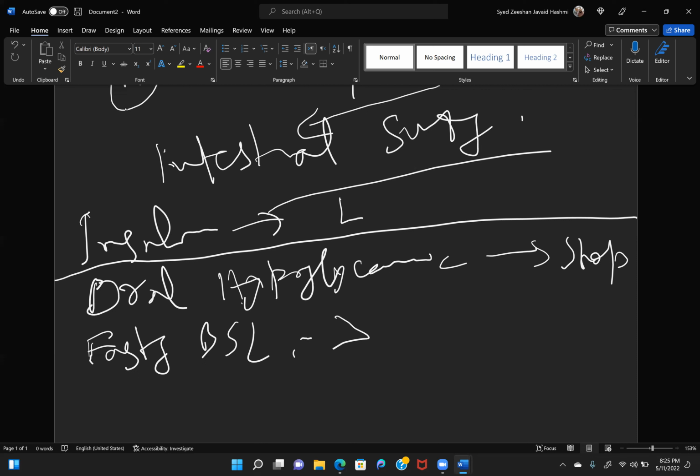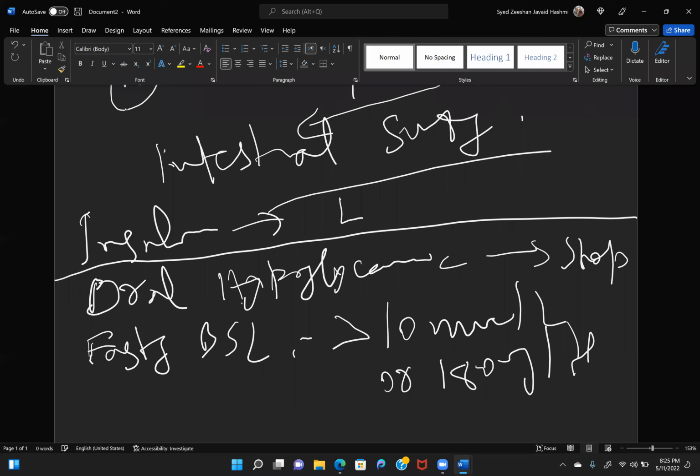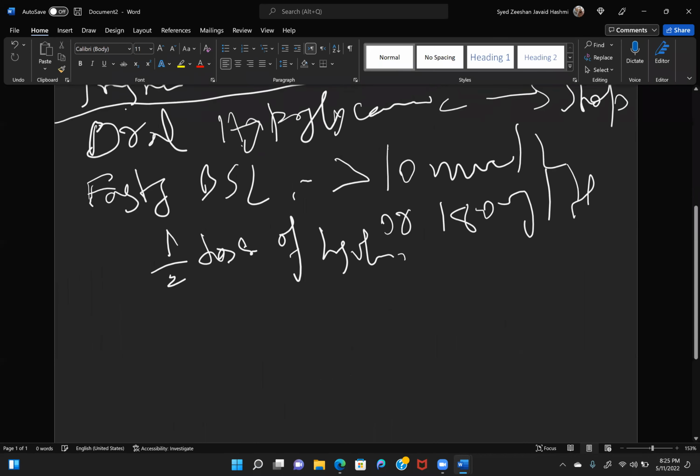Do you know about it? If it is more than 10 millimole or more than 180 milligram per dL, you will be giving half dose of insulin. And if it is less than 10, you will omit.